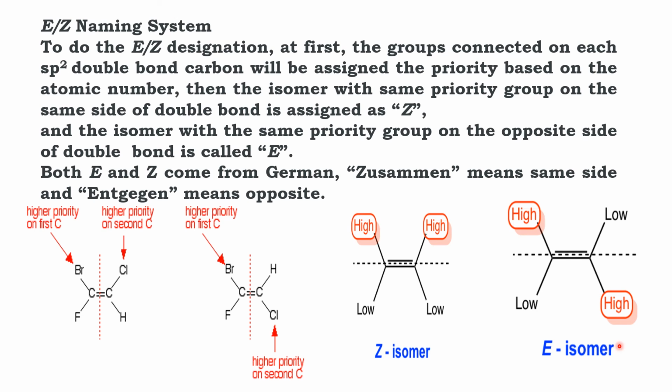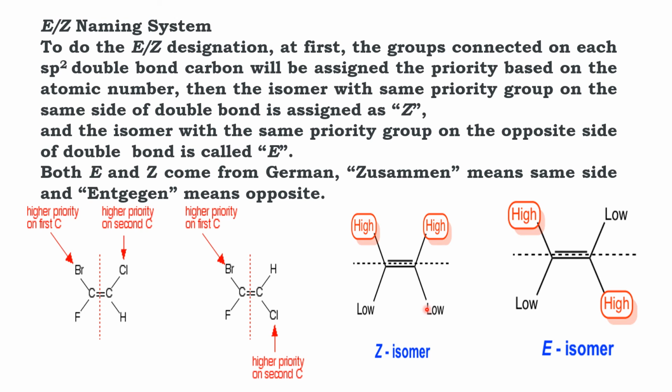In Z isomer, the highest priorities are on the same side, while for E isomer, the highest priorities are on the opposite side. You got the point? So to identify a double bonded compound as E entgegen or Z zusammen, we have to identify the priority first, and we have to see how the priorities are placed, whether on the same side or on the opposite side.